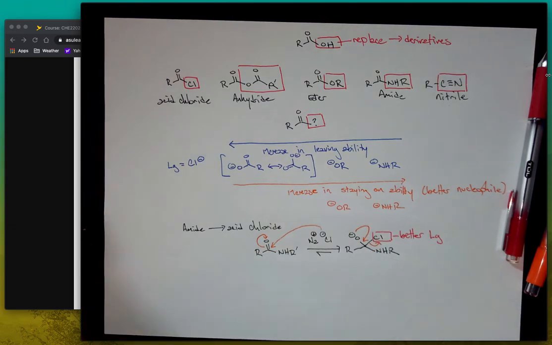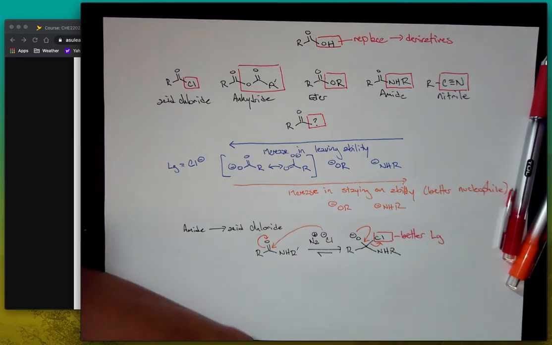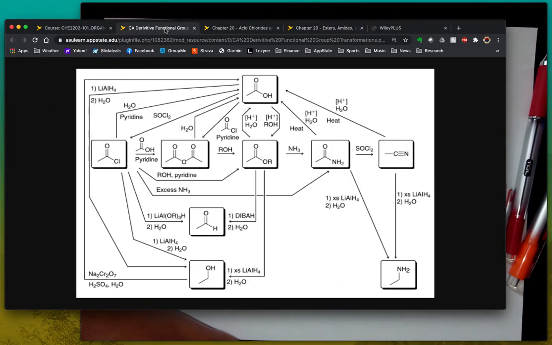And so when we look at the reactivity of these carboxylic acid derivatives, this I just posted online. It's for you. This is the way that things go. As you move from left to right, you can make any carboxylic acid derivative, provided you have a carboxylic acid derivative that features a better leaving group than the thing that you are trying to add.